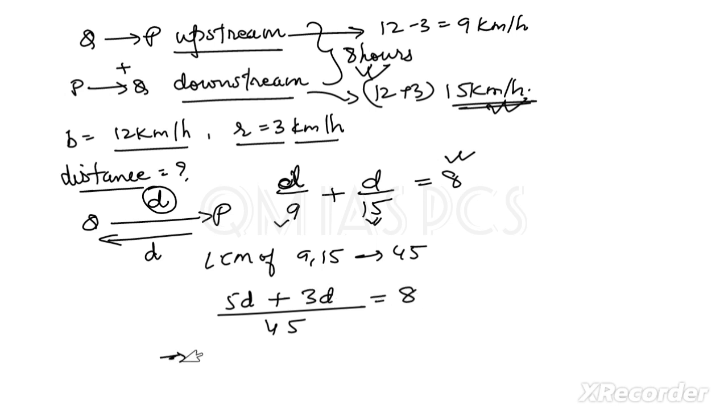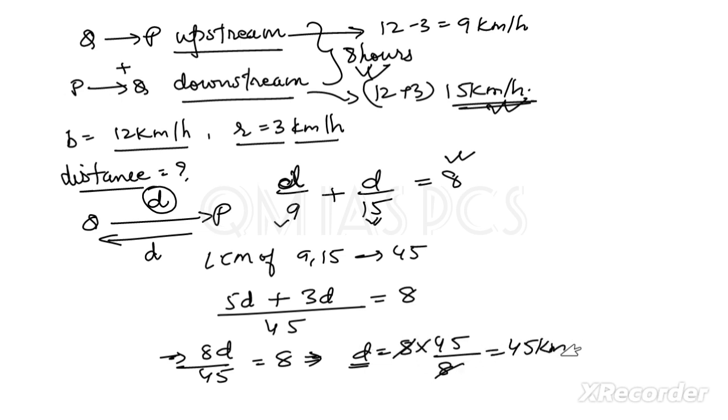Here it is 8d by 45 equal to 8. So d is equal to 8 multiplied by 45 by 8. Sorry, d is already given here. The 8 is cancelled out, so 45 kilometer is our answer. Clear? Any issue here?